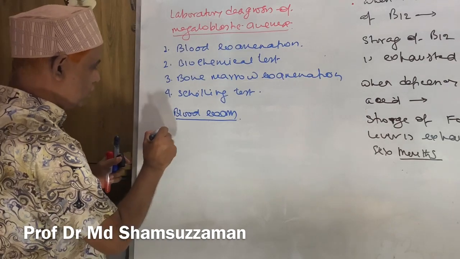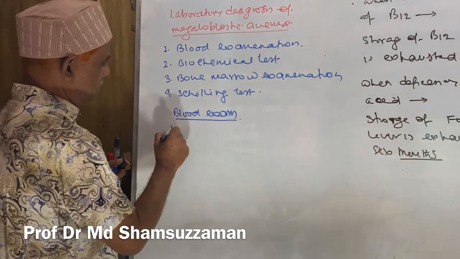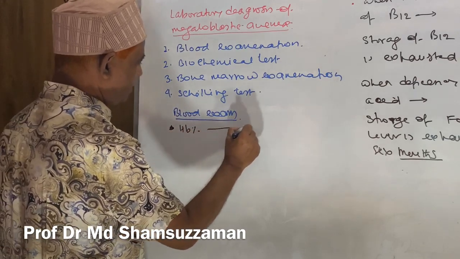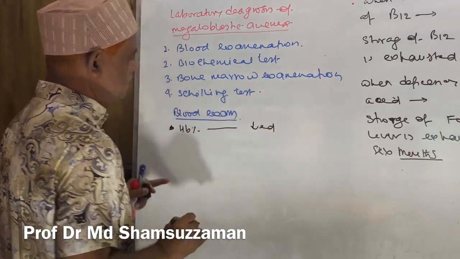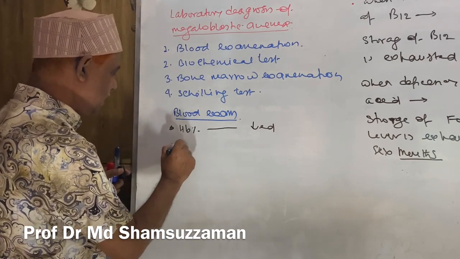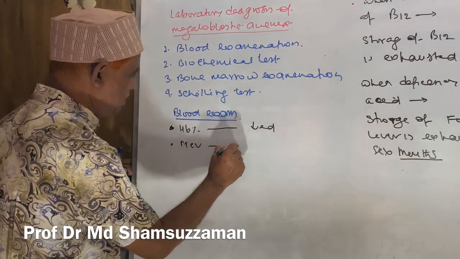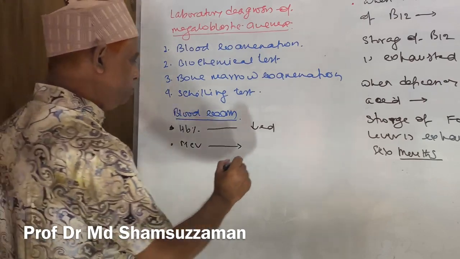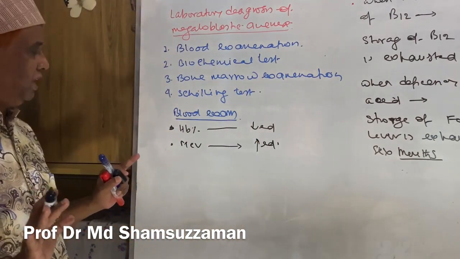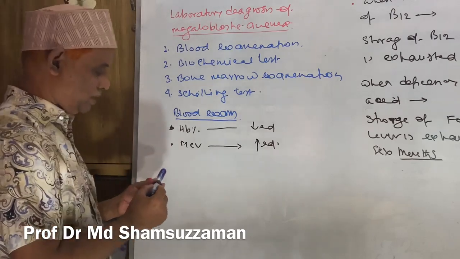First, we have to do hemoglobin estimation. It will be decreased. That is, the patient is anemic. Then we have to do MCV, mean corpuscular volume. It will be increased. So it is macrocytic anemia as MCV is increased.